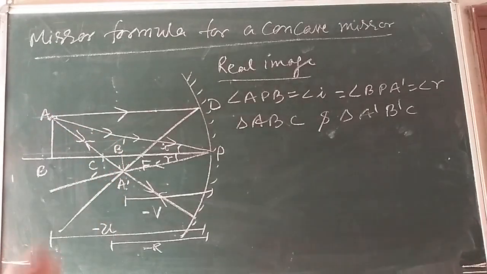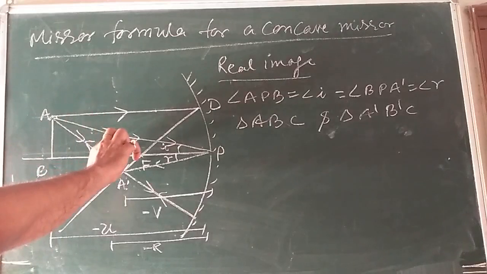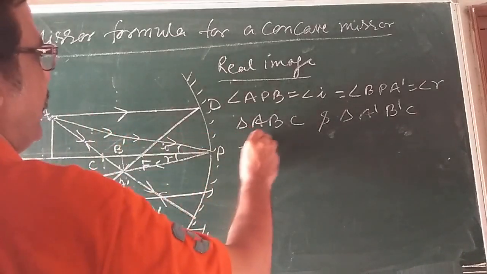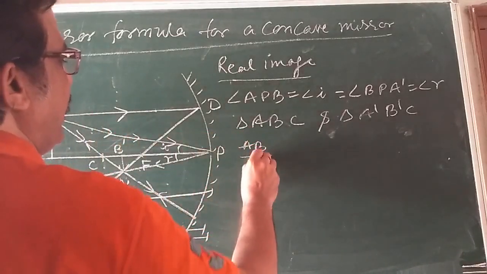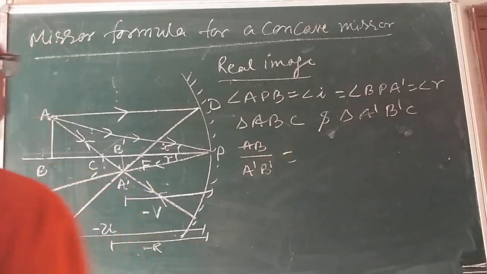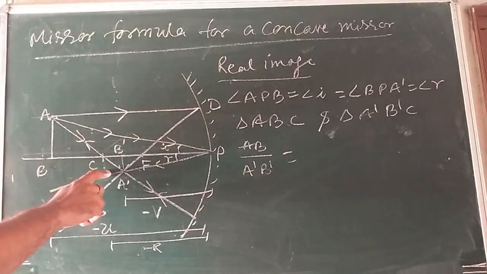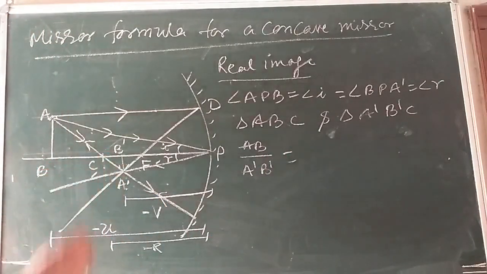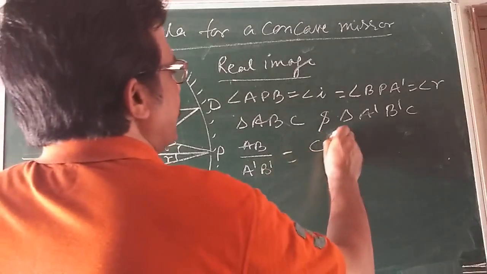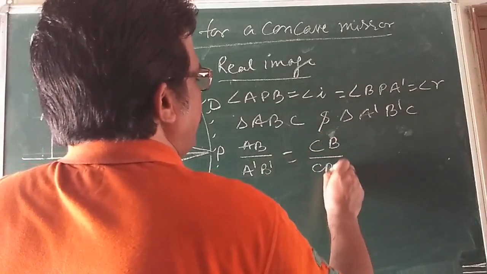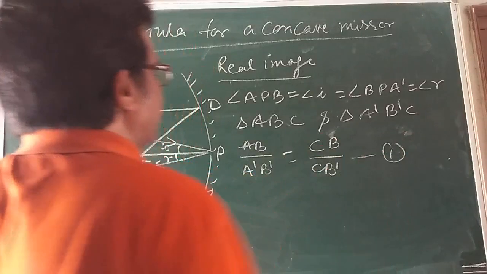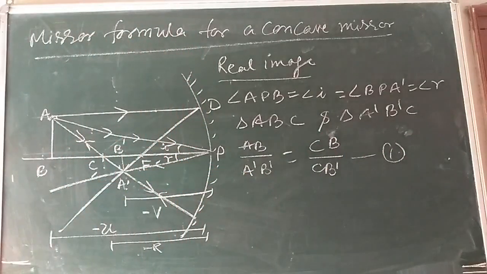So I can write AB divided by A dash B dash is equal to CB divided by CB dash. It is our equation number 1. This is according to the symmetry of triangles.